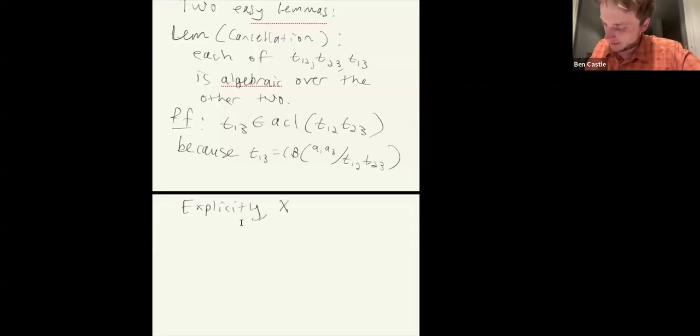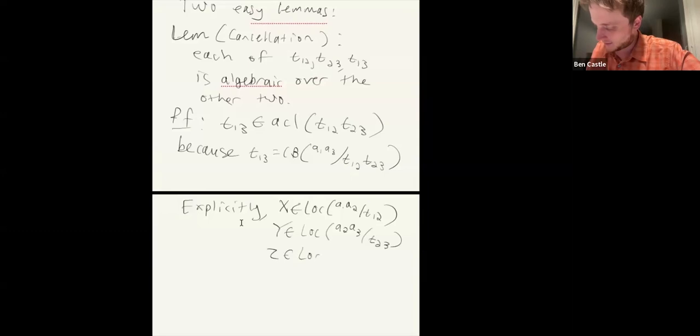Let's fix X to be some curve representing the locus of (A1, A2) over T12. So X is the first curve in the composition, and then Y is a curve representing the locus of (A2, A3) over T23, and then let Z be the locus of (A1, A3) over T13.